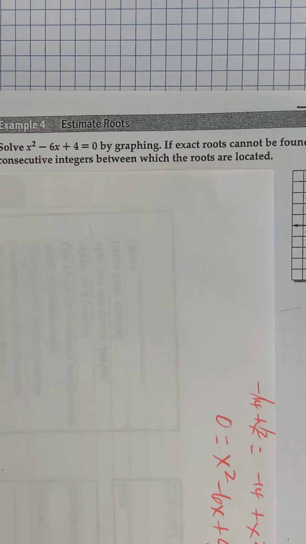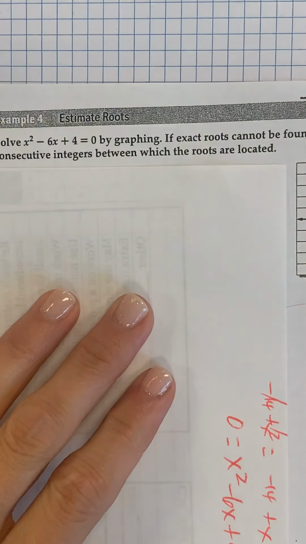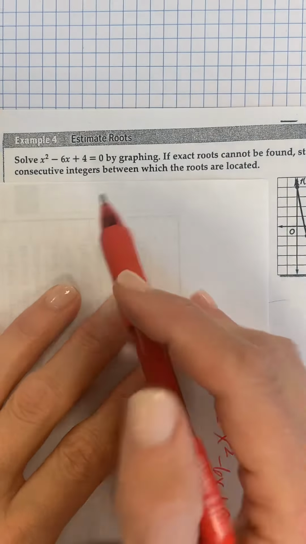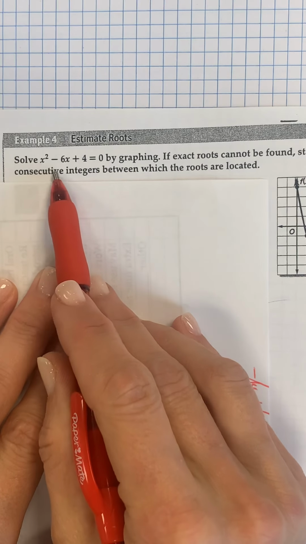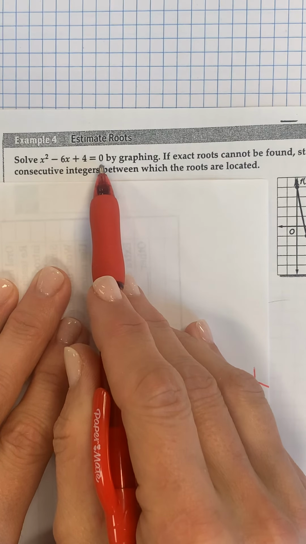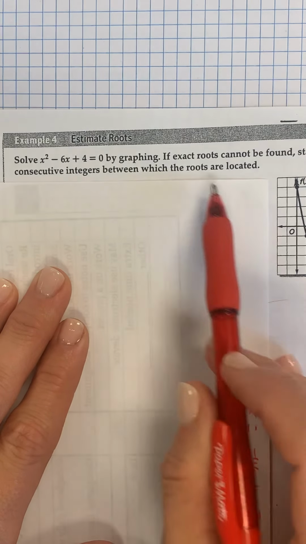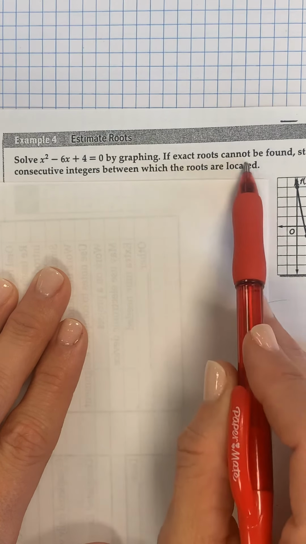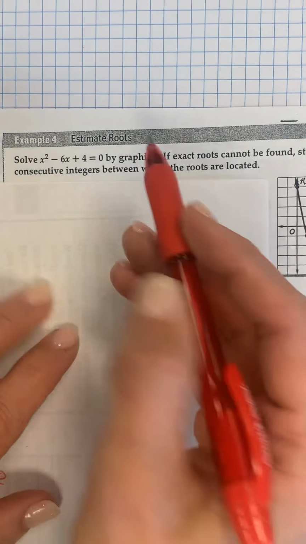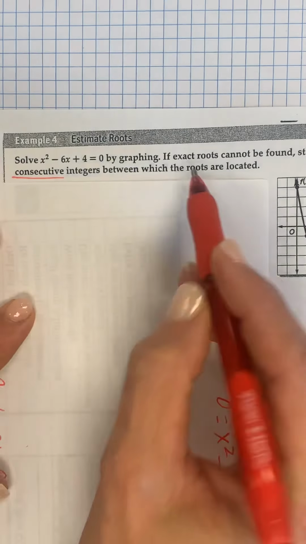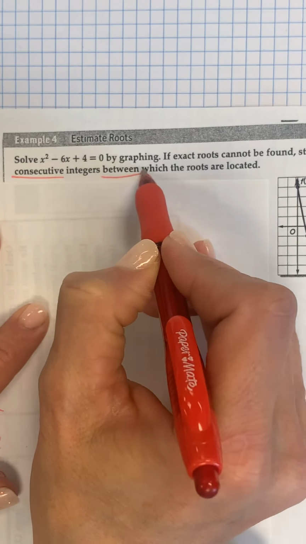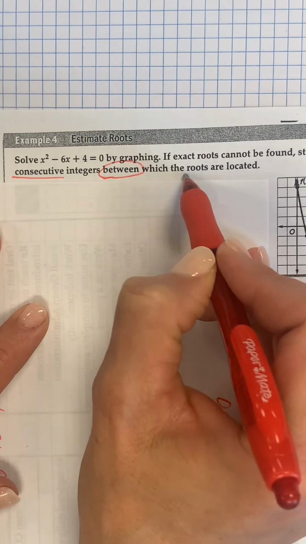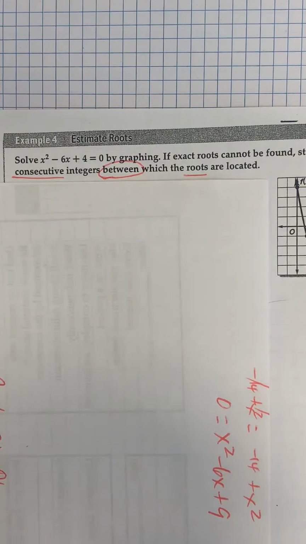It says, solve x squared minus 6x plus 4. Notice this is already set equal to 0, by graphing. If exact roots cannot be found, state the consecutive integers between which the roots are located. So now we're just going to estimate them.